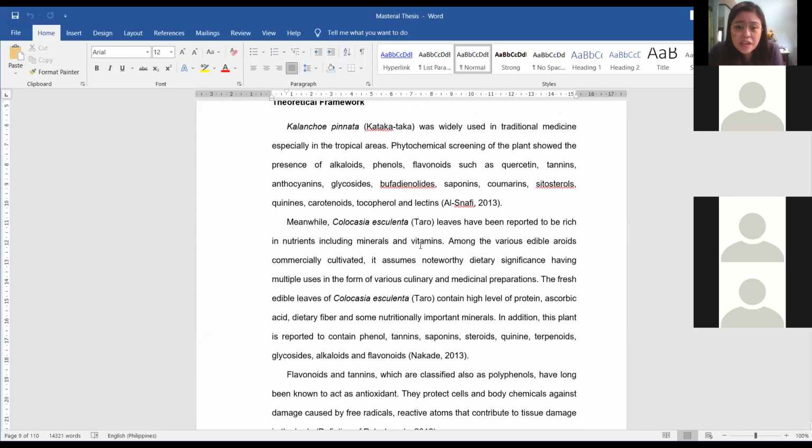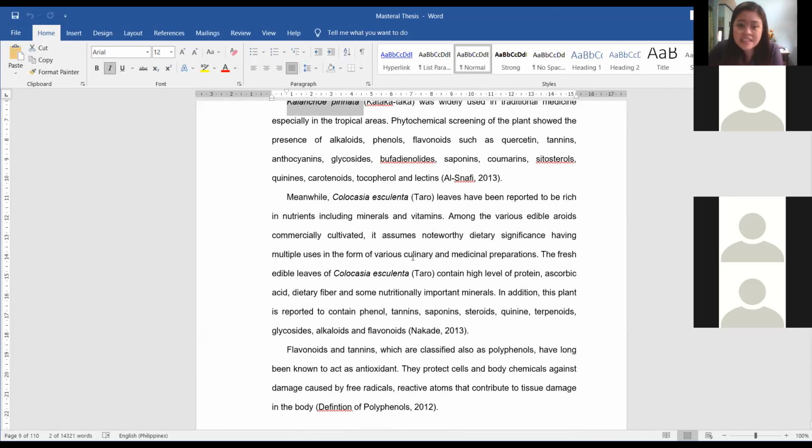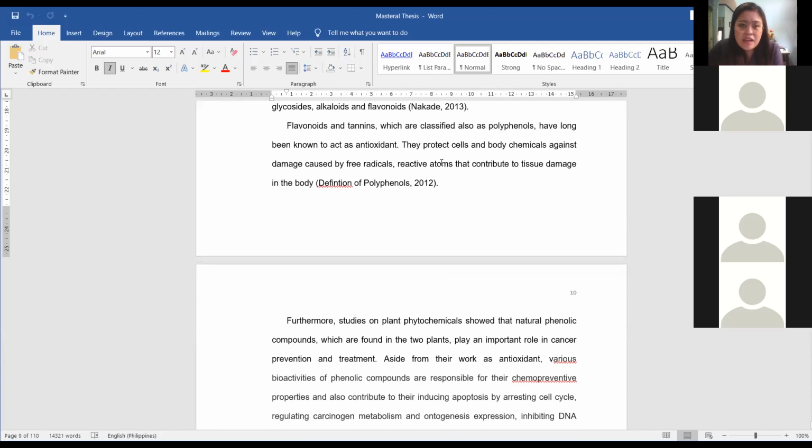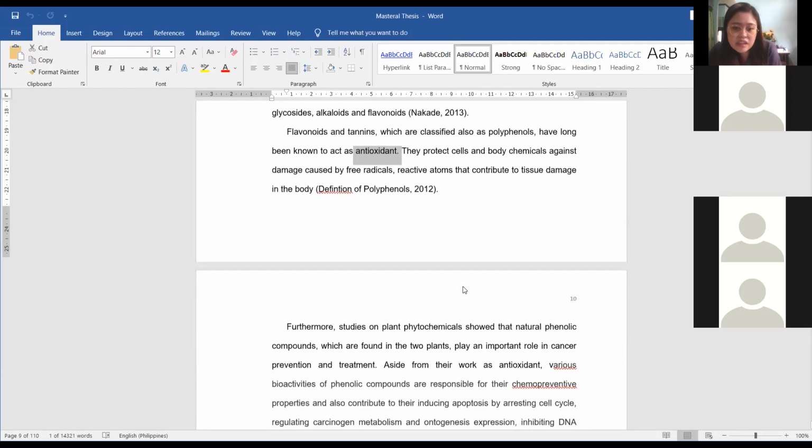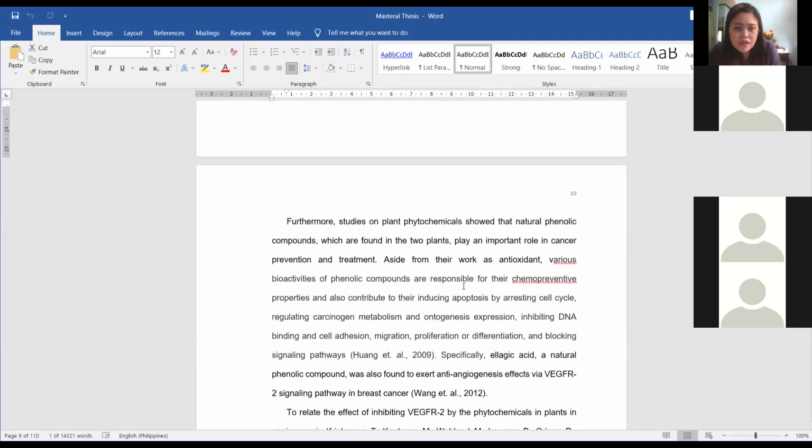So, ang ako ang theory nga gibutang din here, actually results of experiments sa uban. So, just like this one, sa Kalanchoe pinnata, I enumerated the different phytochemicals present in the plant. That is also true for the Colocasia esculenta. And then, after establishing that these are the phytochemicals present in my plant, I discussed the certain phytochemical that may be responsible for the activity, just like for the antioxidant activity.